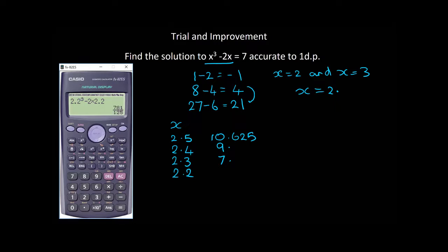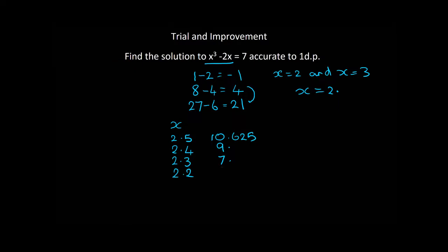That gives us 6 point something. Okay, so that tells us that our answer is between 2.2 and 2.3. So one of those two is going to be our answer.